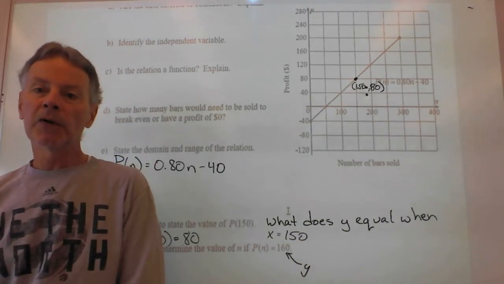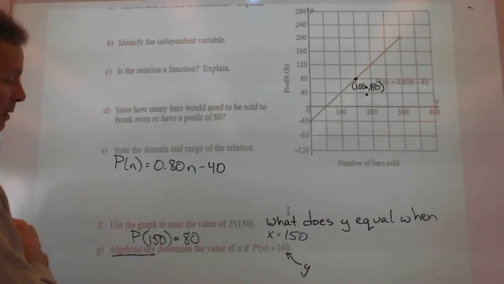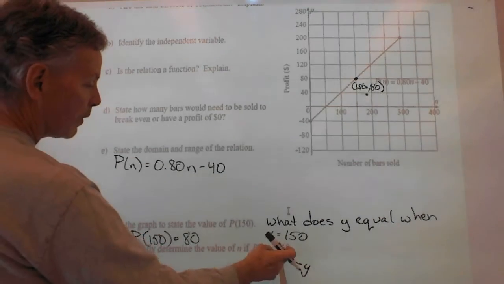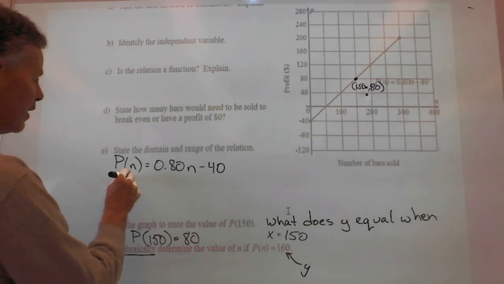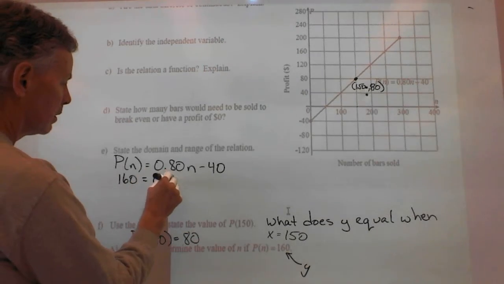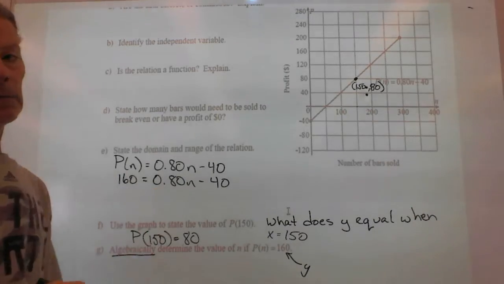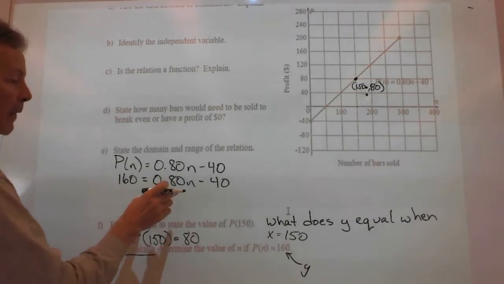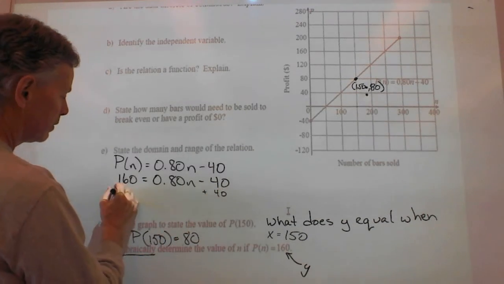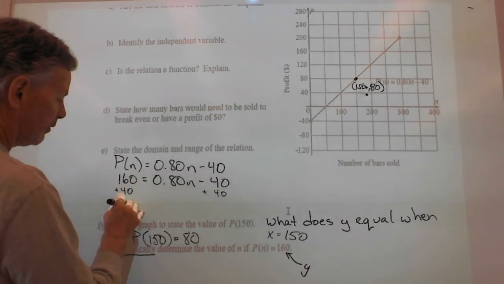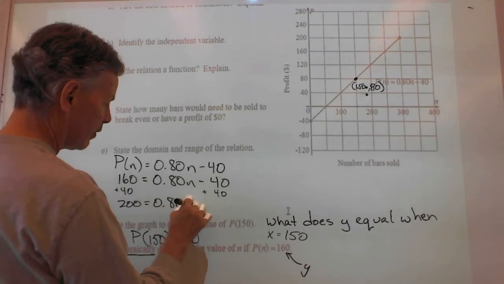Now remember we talked about this in the previous lesson on domain and range. So we plug in our value for y equals 160. And we isolate n, like we did a little bit earlier. So, to isolate n, the first thing we have to do is add 40 to both sides. That'll give us 200 equals 0.80n.